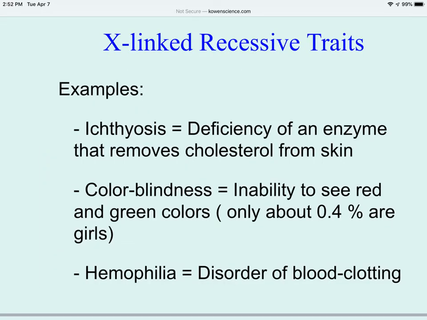Some examples of some X-linked recessive conditions: hemophilia, which is the inability to have blood clotting; color blindness; ichthyosis. Now, ichthyosis is what we would call the alligator individual. This is a deficiency of an enzyme that removes cholesterol from the skin. The skin becomes very dried and cracked.